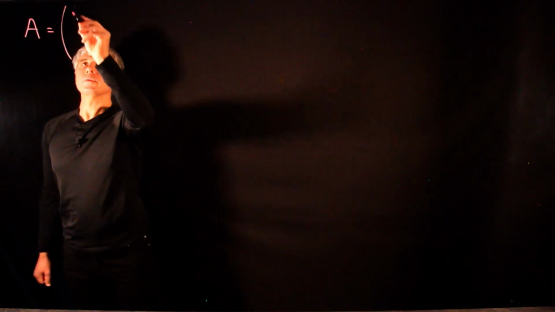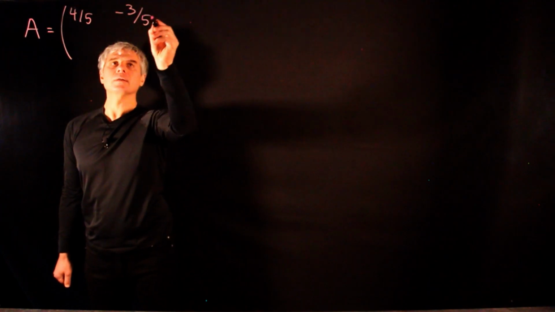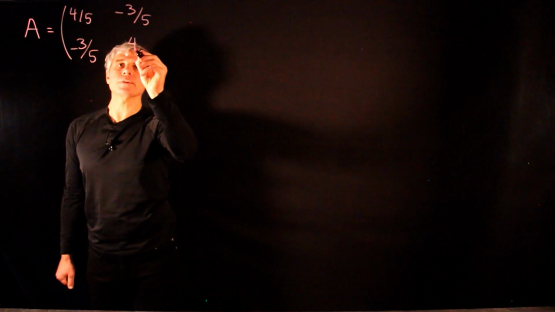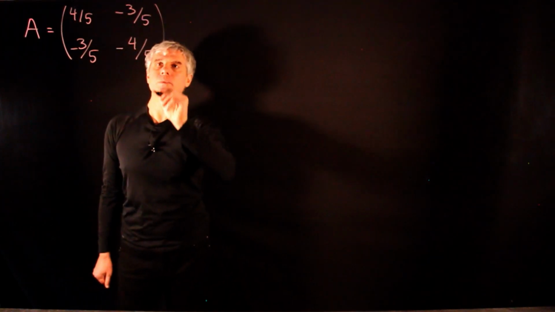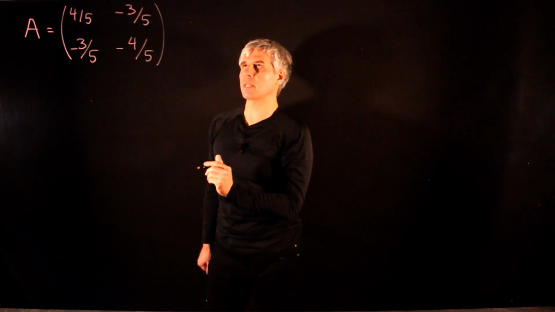Let us consider one more example. Consider the following matrix: 4/5, negative 3/5, negative 3/5, negative 4/5. So we want to find eigenvectors and the eigenvalues for this matrix.